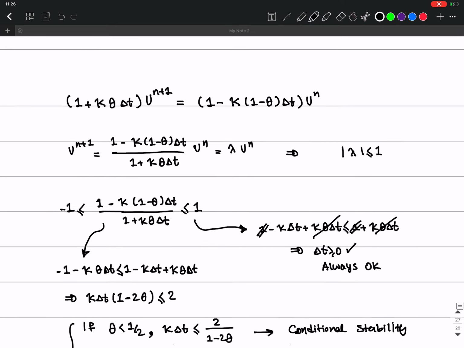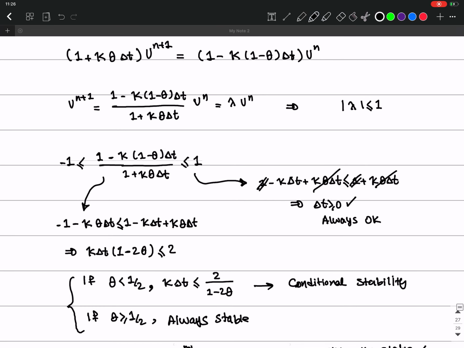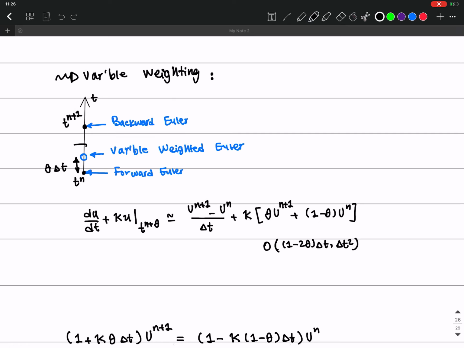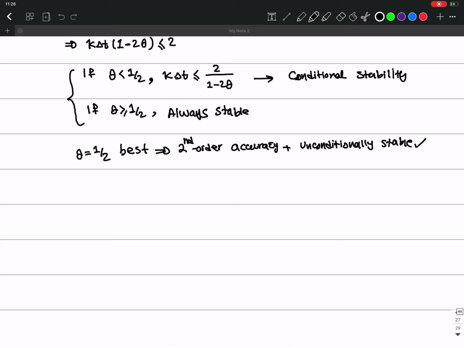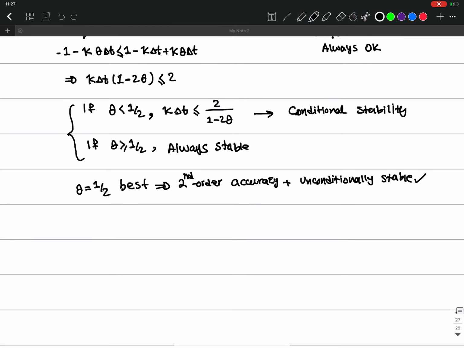So this 1/2, as we noted, is going to be the Crank-Nicolson method. So if you put it just right here in the middle, then this is going to be second order accurate, and your problem is going to be unconditionally stable. So you will not face any stability issues.